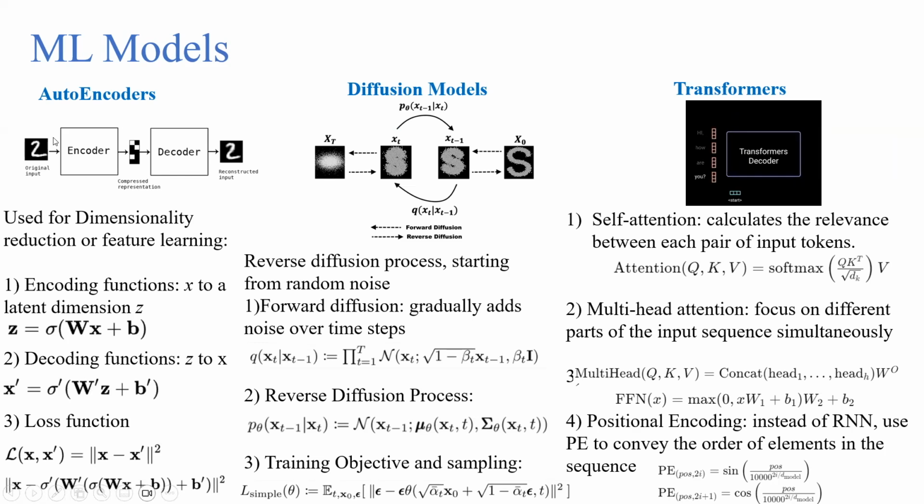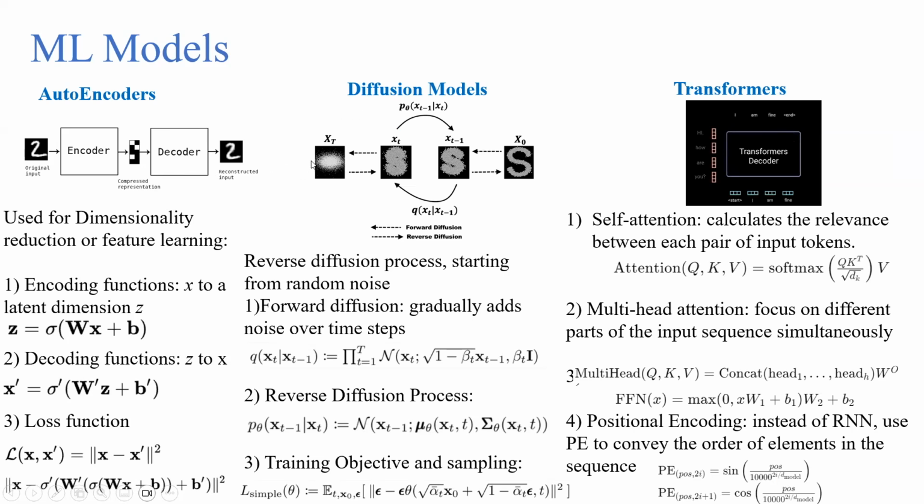The idea is, suppose you have a 256 by 256 image, you can crunch it into 10 dimensions, and then decode it from 10 back to 256 by 256. Now, if you have a new vector of size 10, you can get a new image. And that is how you can make fake images or segmented images and so on.